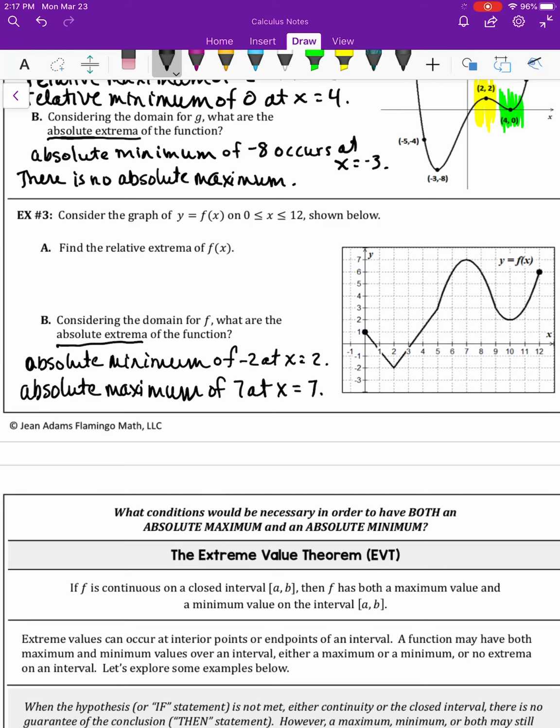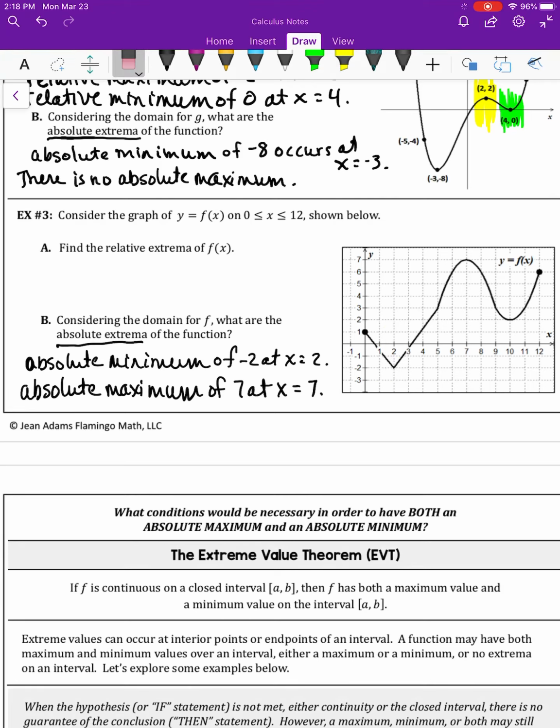Now, remember what I've told you before. It can be relative and absolute at the same time. We're looking at them differently right now, but every absolute is also a relative because it's also the lowest point in the neighborhood. For instance, this point right here at (2, -2), we said it was the absolute minimum, but it's also the lowest point in the neighborhood.